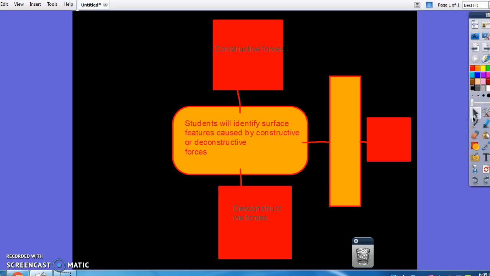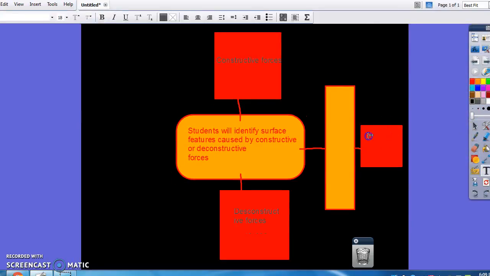So one of the boxes I need to lead to is this box of how technology and humans will play a role in intervention.